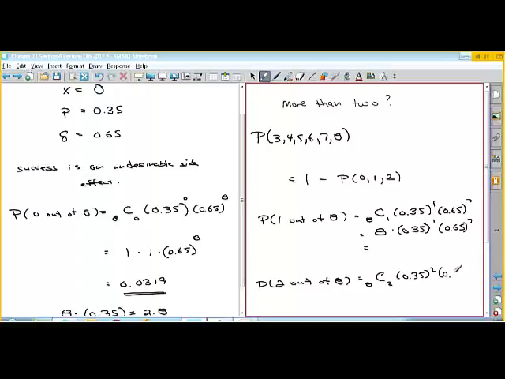0.35 squared. I did it again. Oh, yeah, that's right. And 0.65 to the 6th power. So see what you get. And then we'll add this number here, plus that number there, plus that number there.